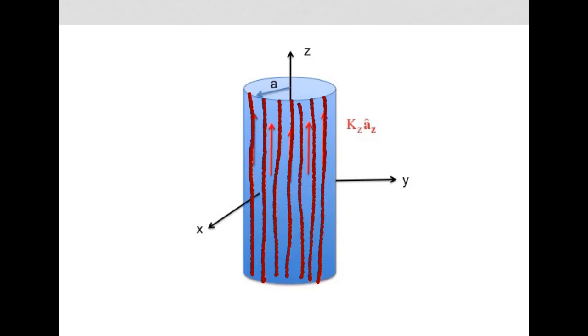Okay, so now what I want to do is take a view looking down the z-axis. In other words, we're going to take a look at a cross-section of the cylinder looking down the z-axis.